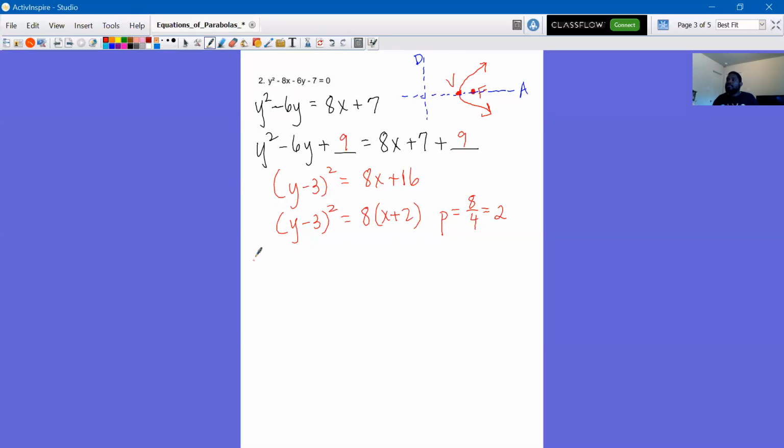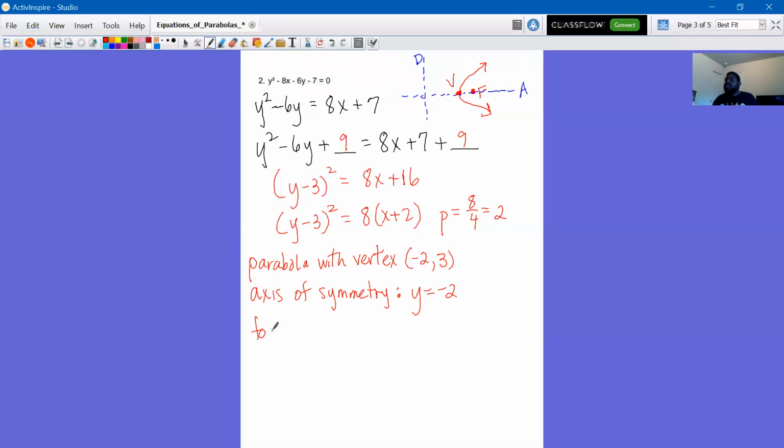Okay, so we're ready to describe our parabola. So it's a parabola with vertex (-2, 3). Axis of symmetry y = 3.